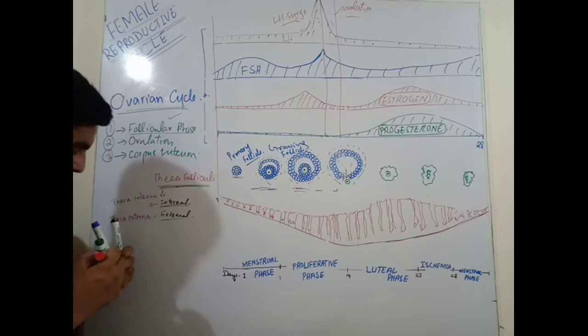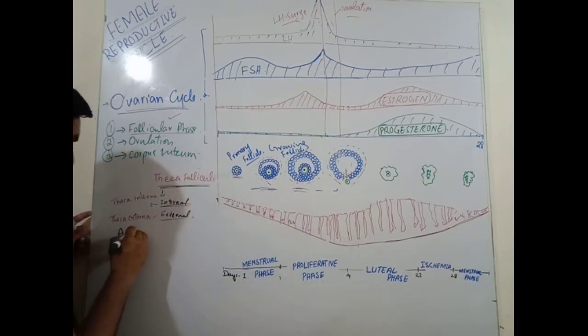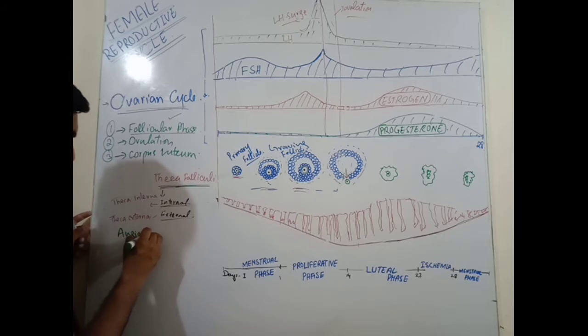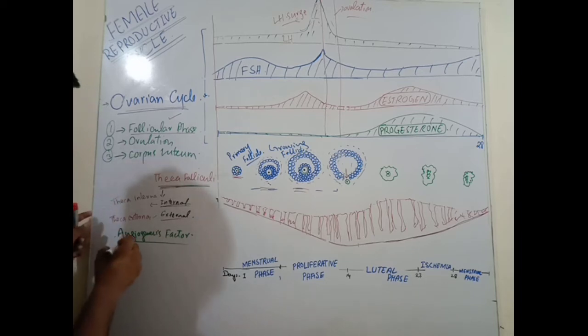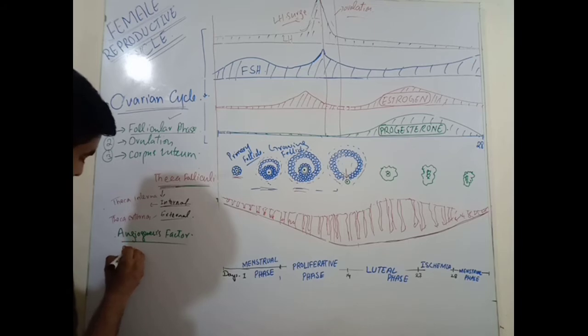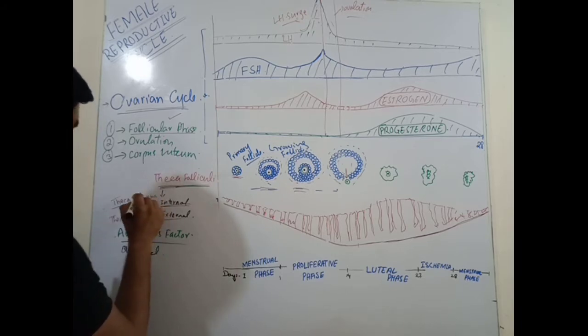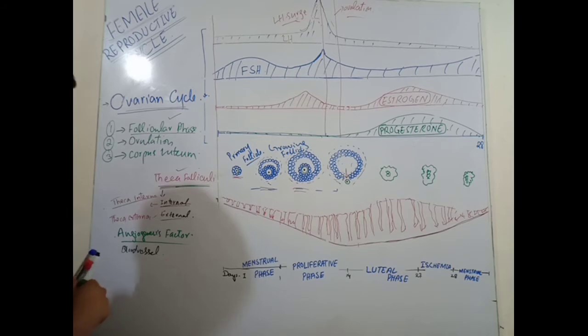The thecal cells start secreting angiogenesis factor. In the presence of angiogenesis factor, blood vessels start to form, meaning angiogenesis occurs, and blood vessels form in the theca interna of the theca folliculi, and the theca folliculi becomes a glandular or vascular structure.